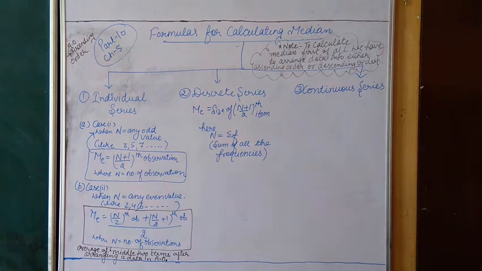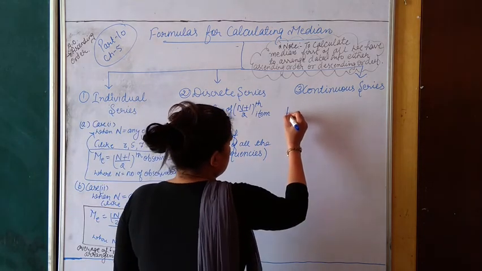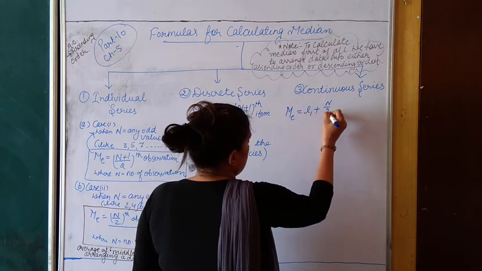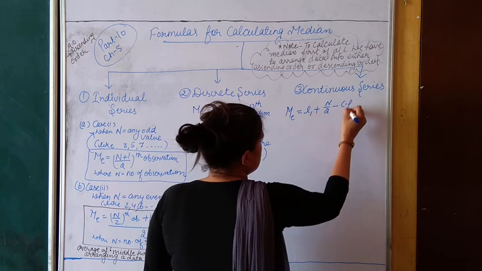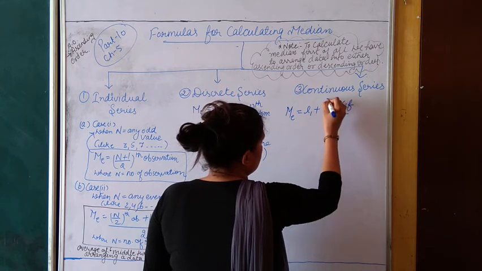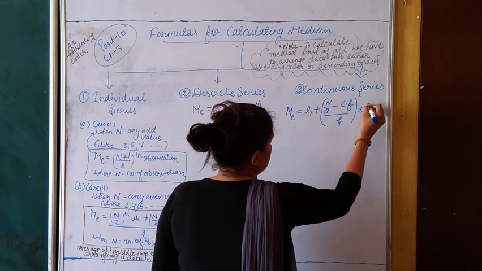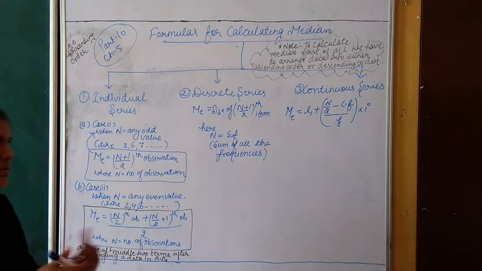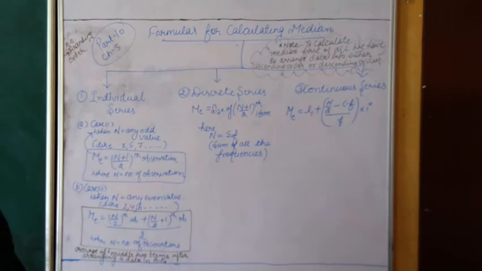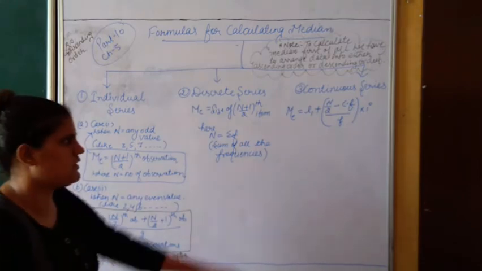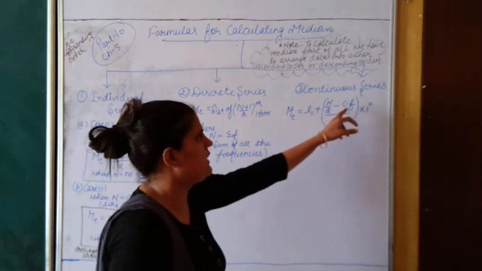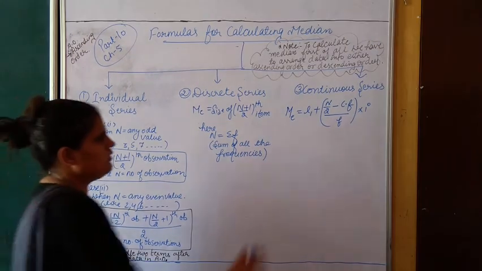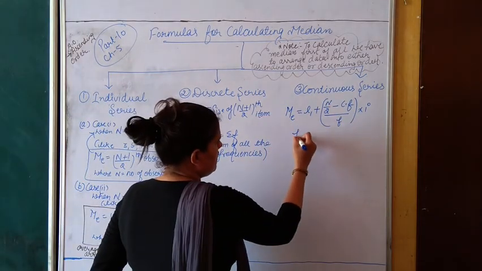But now I will just discuss the formula for calculating median, that is L1 plus (n by 2 minus Cf) upon f into I. This is the basic formula which we will use to calculate median in case of the continuous series. Clear?